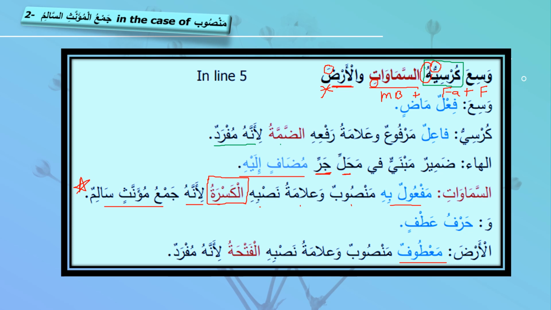Don't get confused here, my dear friends, because ard is singular and samawat is Jama Muannas. So there are two different nouns here. One is a plural noun, one is a singular noun. Always remember that the singular noun shows mansub by fatha and Jama Muannas shows mansub by kasra. It's in the position of ma'tuf, mansub, alamatu nasb. Now you can see the visible fatha in nasb position. لِأَنَّهُ mufrad. So this is really very important in i'rab.